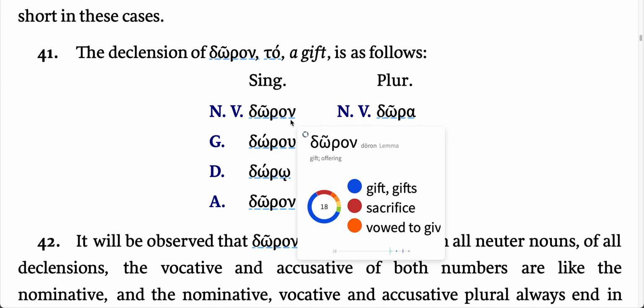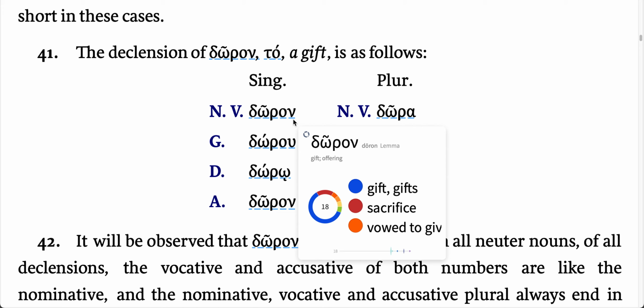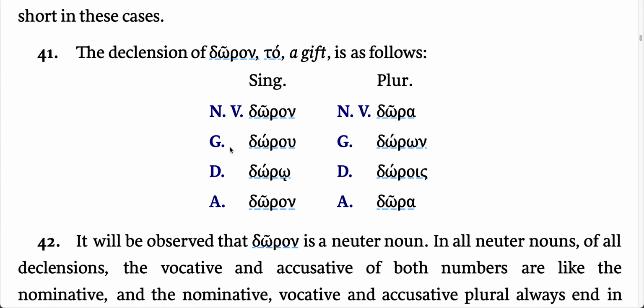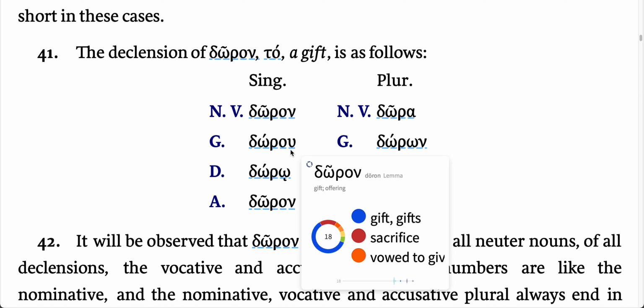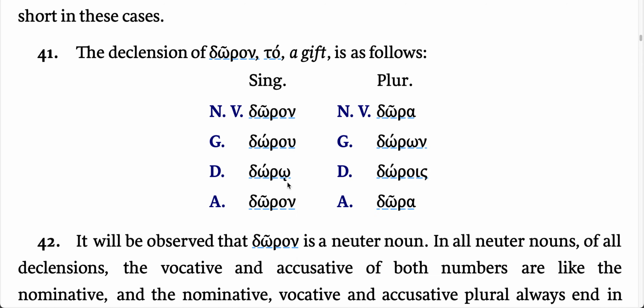So doron is the nominative and the vocative singular. They're in the same form. So omicron nu is the nominative singular form and the vocative singular form. The genitive, of a gift, is omicron upsilon, which is the same as the masculine. The omega for dative with an iota subscript, same. But even the accusative is omicron nu.